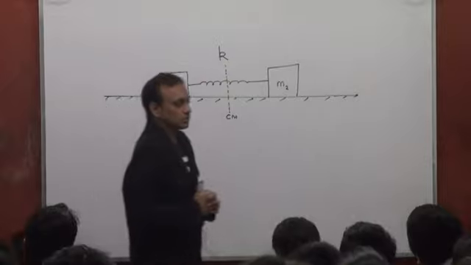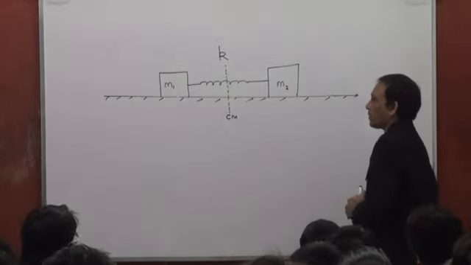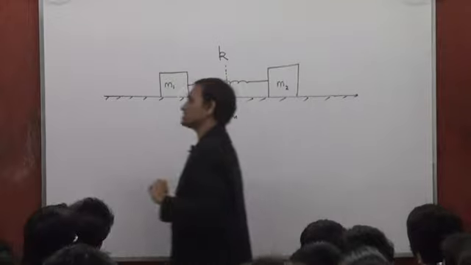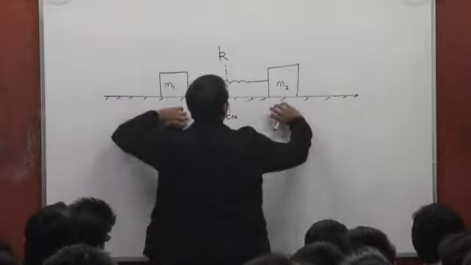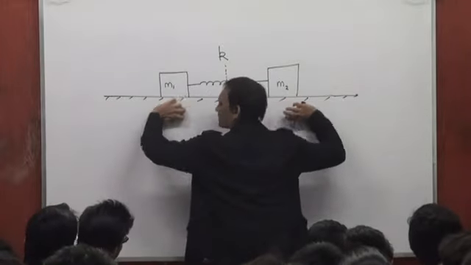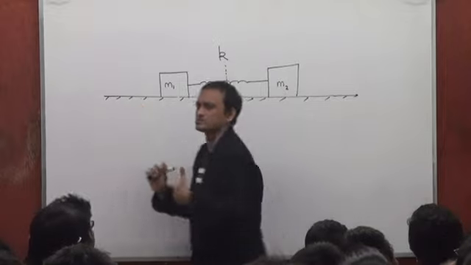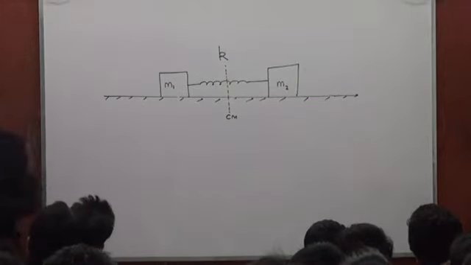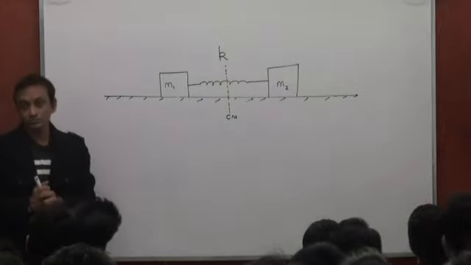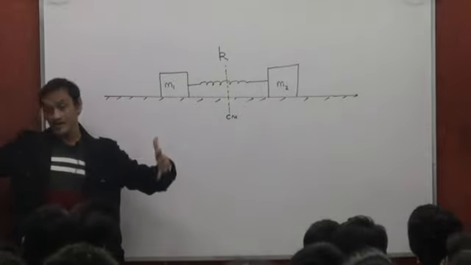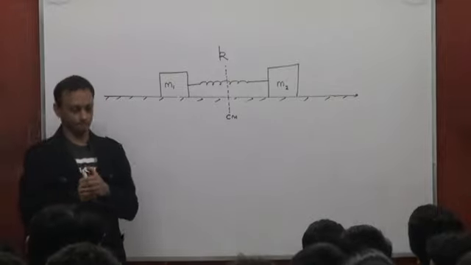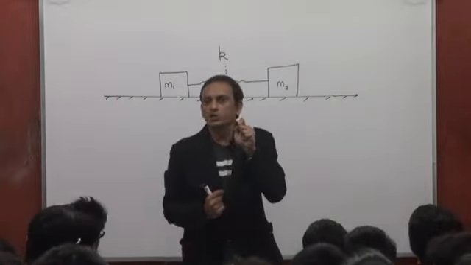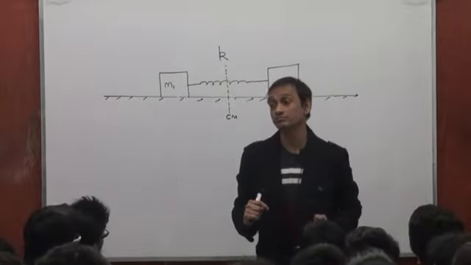Now, one of the things is that, say, if I have pulled the two masses apart by a certain amount, and the masses are not developing any velocity while I'm pulling them apart, the spring is, let's say, getting elongated, the center of mass will also not develop any velocity.